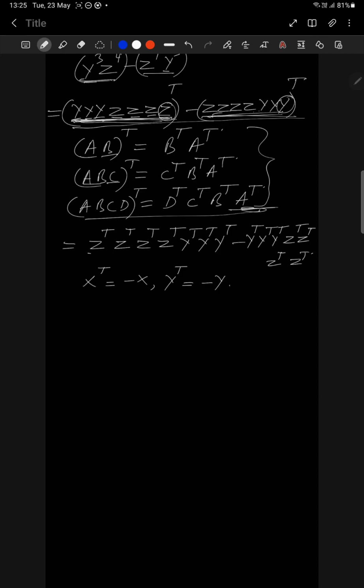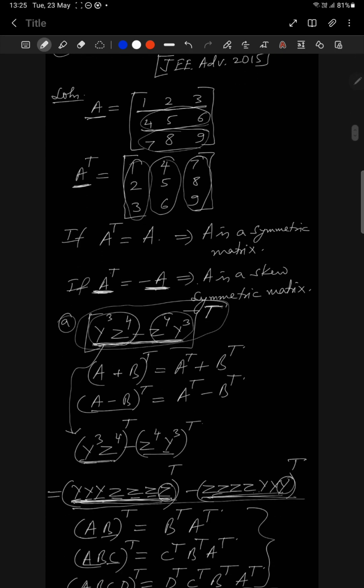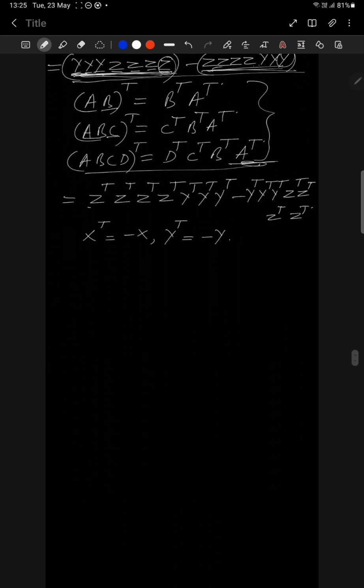And z is given in the question as a symmetric matrix, and symmetric matrix I have explained over here is A transpose is equal to capital A. There is no minus sign in front of this, means plus sign is there, plus A or even nothing is written over here. So we can write z transpose is equal to z.